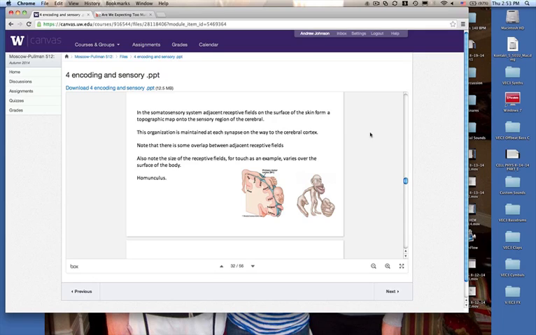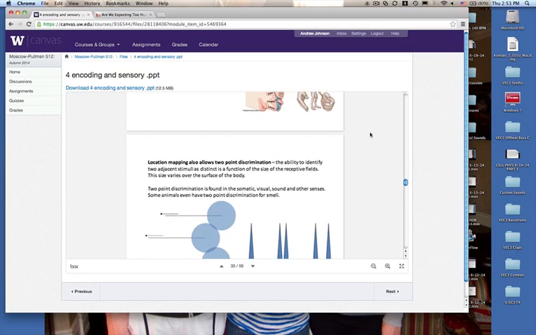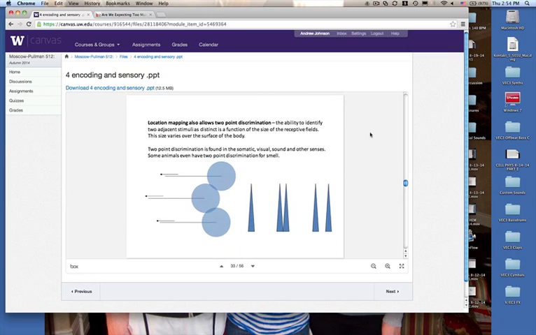We'll map out. Now, what this means is that different parts of your body, of course, are differentially sensitive. This will be different for different systems, but generically you have something called two-point discrimination. If we're talking about touch, two-point discrimination is the point at which you can tell that two stimuli are actually two stimuli.